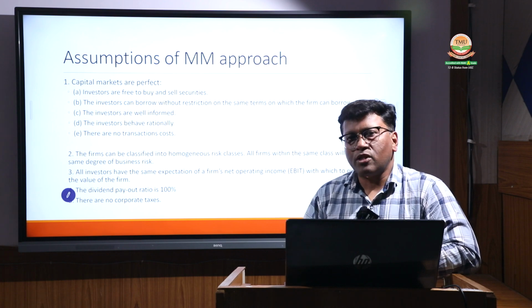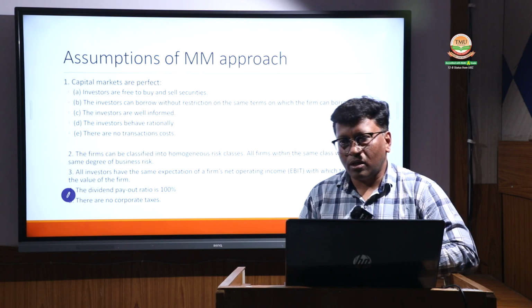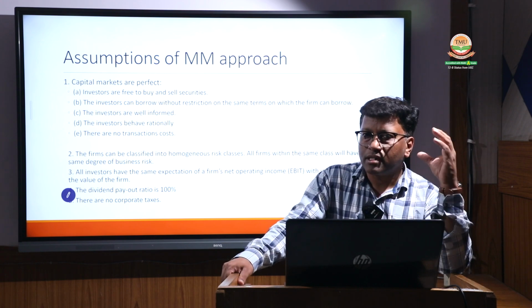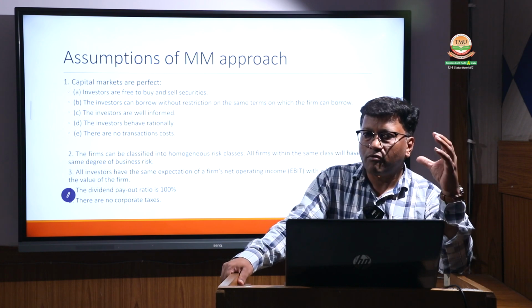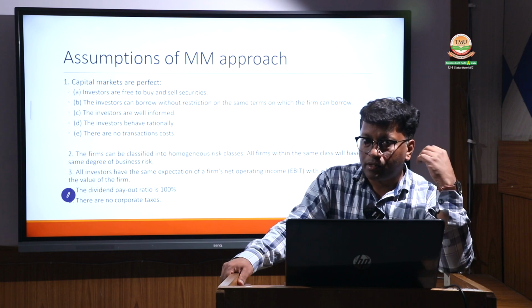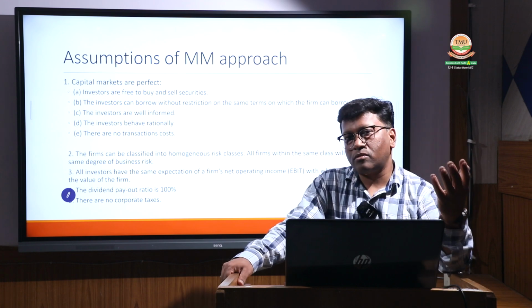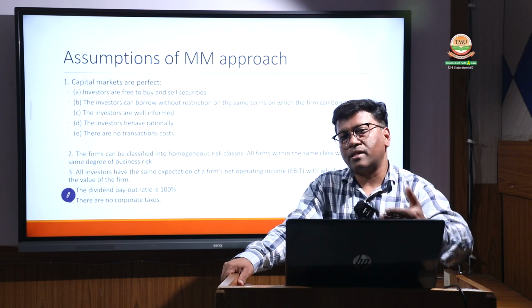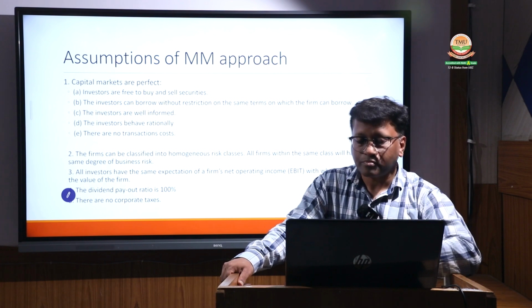So on the basis of these theories, we have to focus on the capital structure decision. And the capital structure decision can be taken on the basis of the value of the firm. Again, I would like to emphasize 2 or 3 points that are very important when you are taking the capital structure decision.